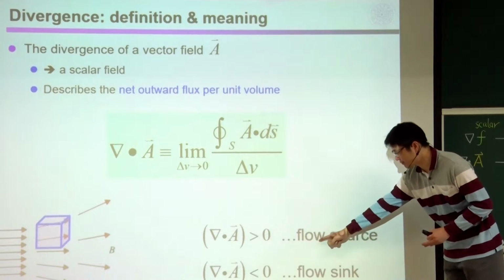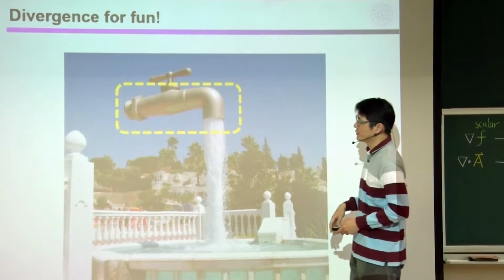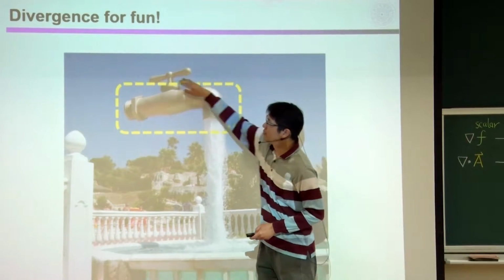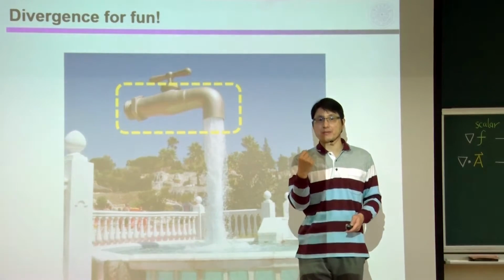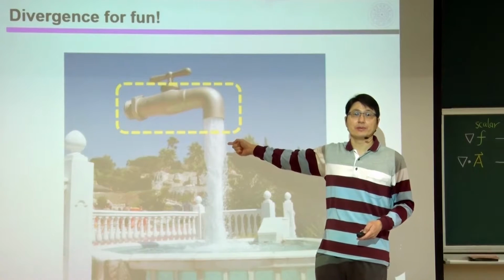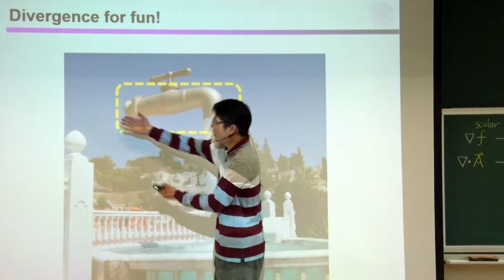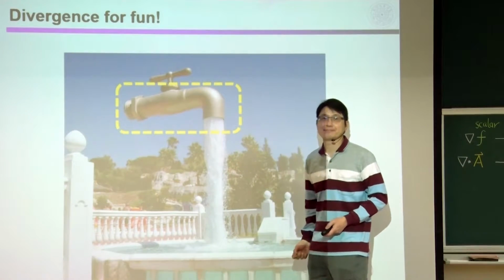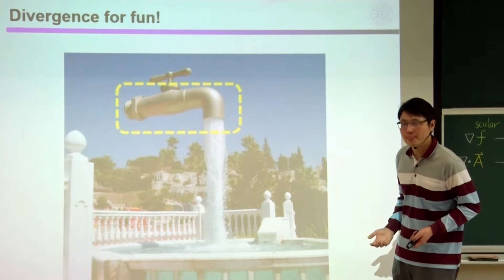Okay, so this is a flow source. So let's come back to this picture. Somewhere this yellow box is giving you water. So if you ever become thirsty, you just go there, right? It's magic. You just go there, you don't have to provide water, but you have water you can drink. Of course, it's magical, it's just a trick.